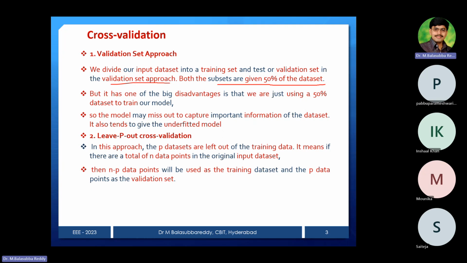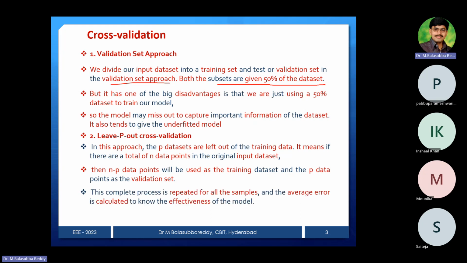Suppose the total data set is n, let n be 1000 or 2000. In that, p data points are left out of the training data. So some portion is taken out of the training data, and n minus p is remaining.